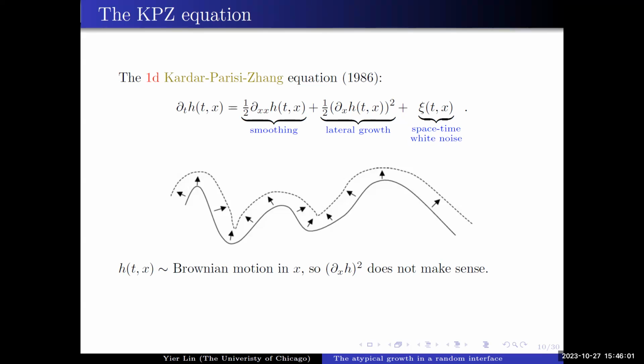So this term is a non-trivial term that appears. That's how this KPZ equation comes up. And then the simulation tells you that indeed when you look at the KPZ equation, the fluctuation of the interface and the order of it is consistent with the experiment. So it is indeed a nice model for the random interface.